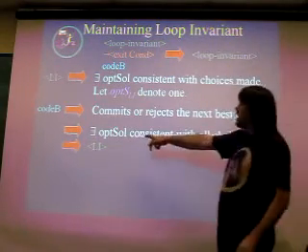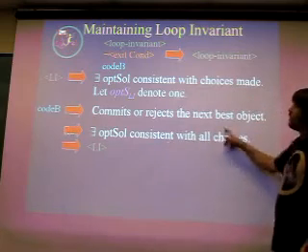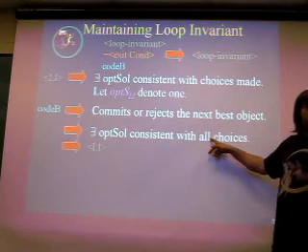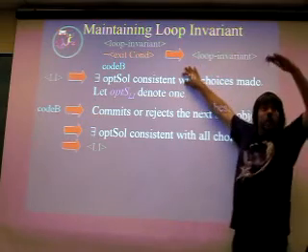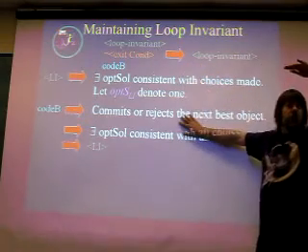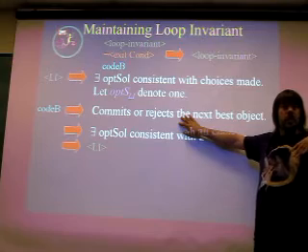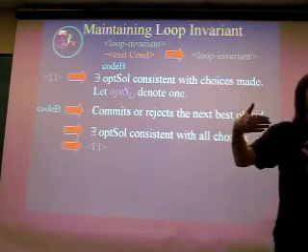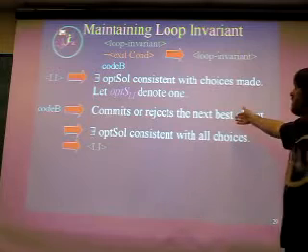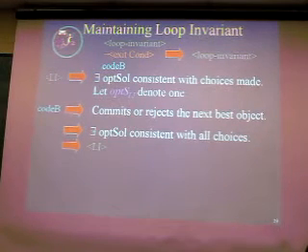We have to prove that there exists an optimal solution consistent with all of the choices. Now, what are the choices that have been made? There's the choices that were made before, and there's the new choice. Right? Because when we were at the top of the loop, there were already choices that had been made, and then there's this new choice that was just made.